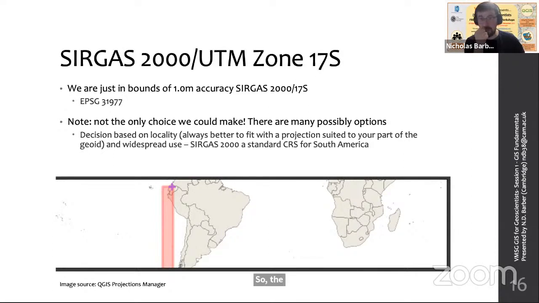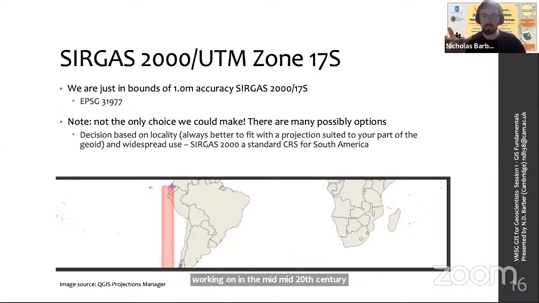The key features of SIRGAS that I like as a user are that it was recently defined. There was an older version of SIRGAS that different South American countries had been working on in the mid 20th century, it seems.